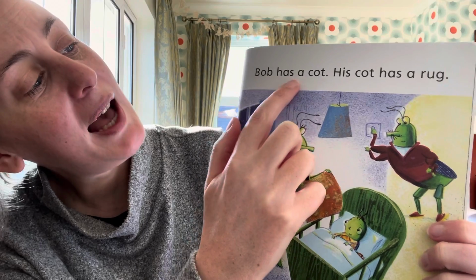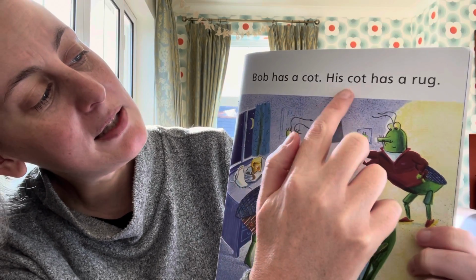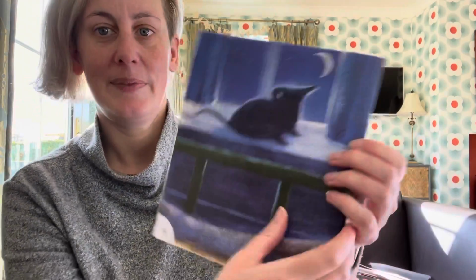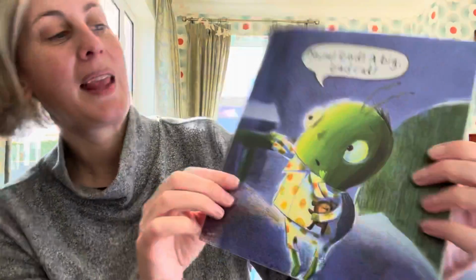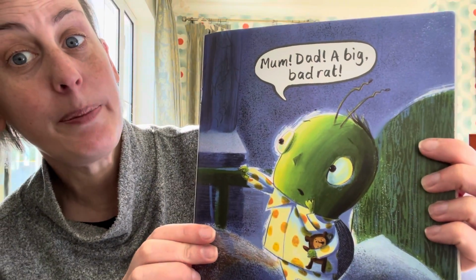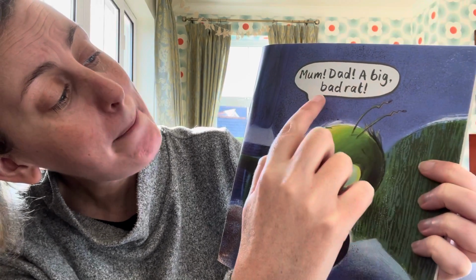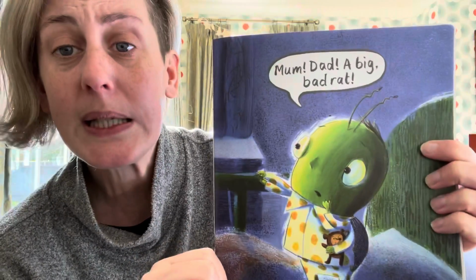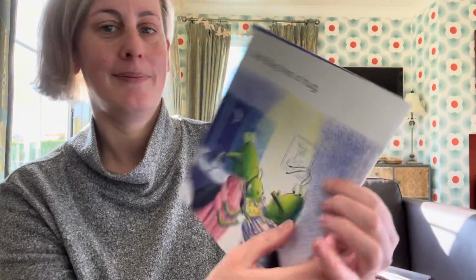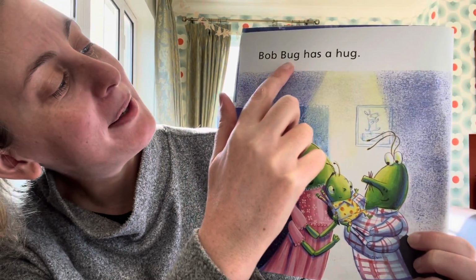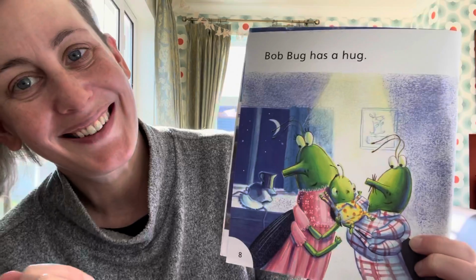Bob has a cot. His cot has a rug. It's night time. And Bob wakes up. Mum, Dad, a big bad rat. Oh dear, he's having a bad dream. His mum and dad come in and Bob Bug has a hug.